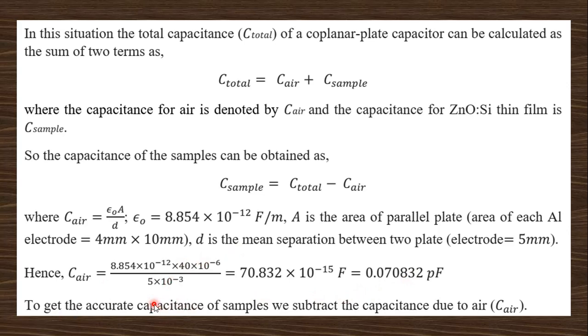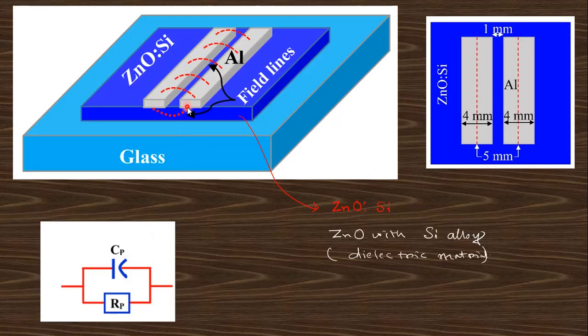In case the capacitance of the material is higher, then this can be neglected. Otherwise you need to subtract this value from the total capacitance to get the capacitance of this sample, right? So remember, there are two factors: the capacitance of this material as well as the capacitance of this air, and these are a parallel combination.